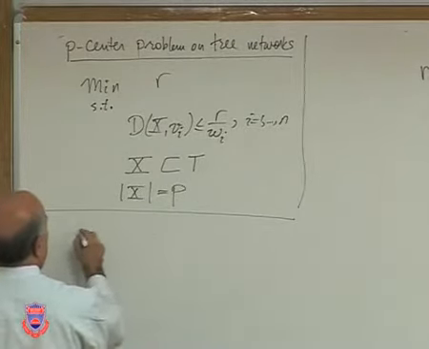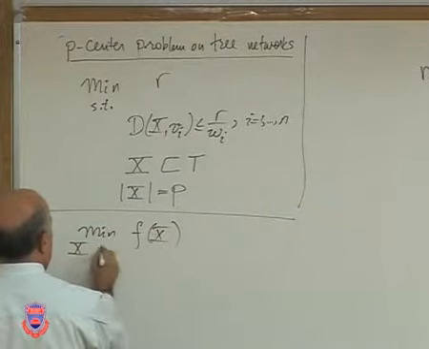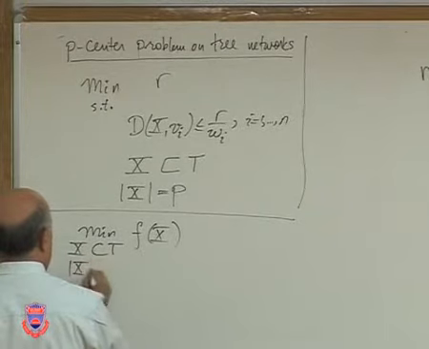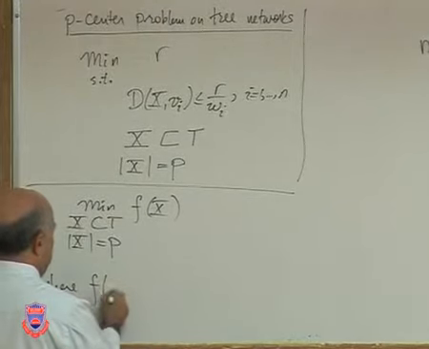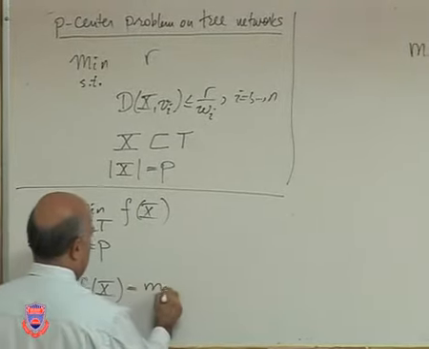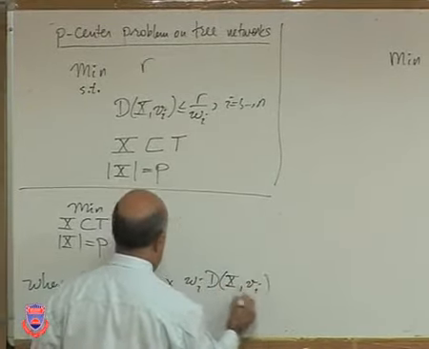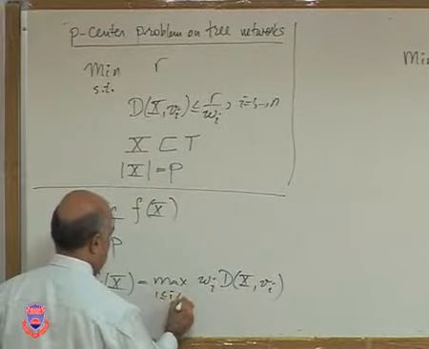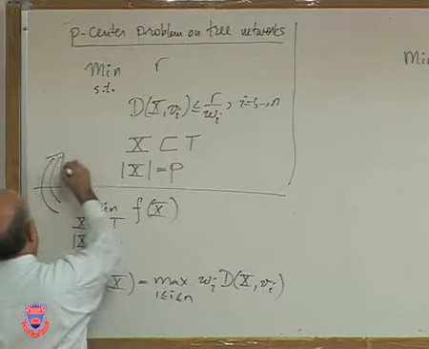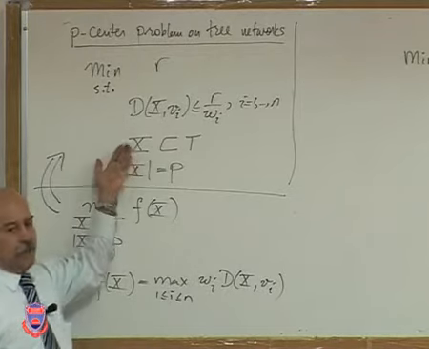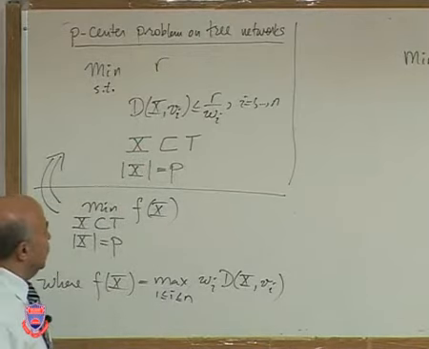So the original problem is to minimize f of x, x in T with cardinality of x equals p, where f of x is the maximum weighted distance. So the above problem is a slightly different version of the original problem, which is this one, the combinatorial statement of the problem.